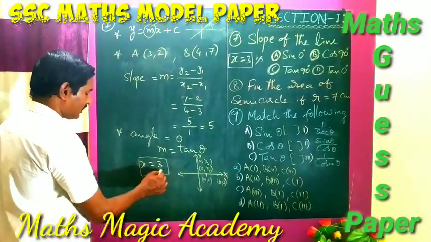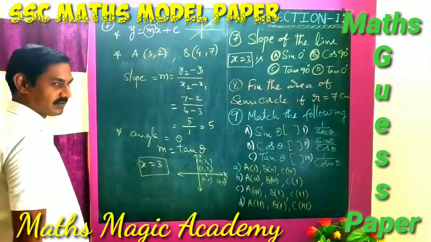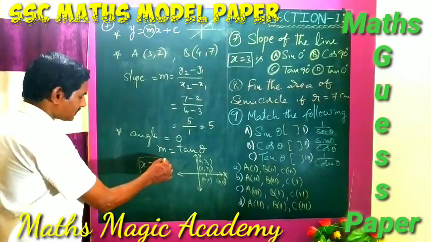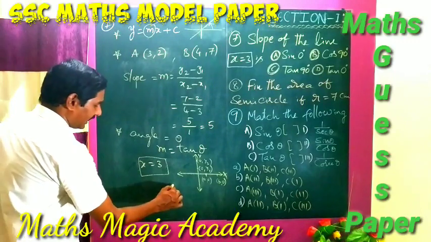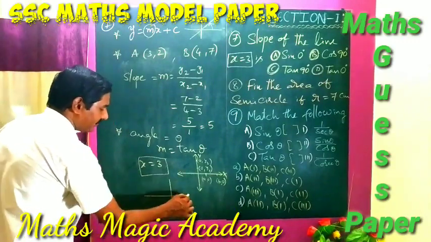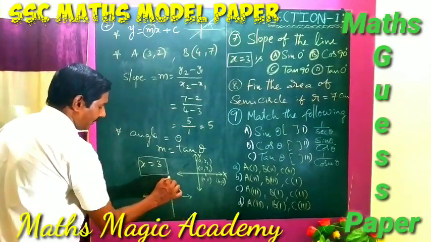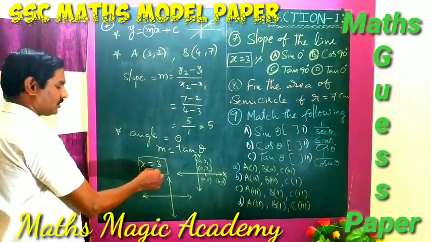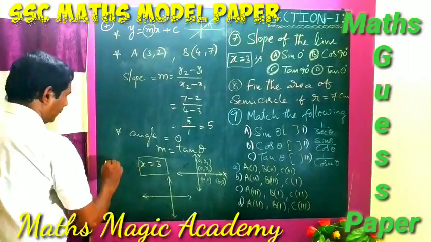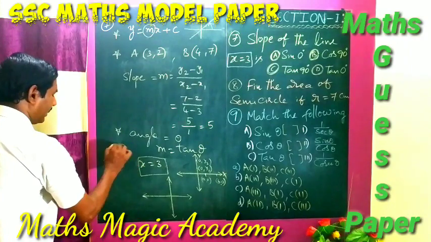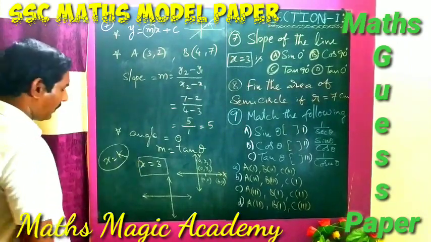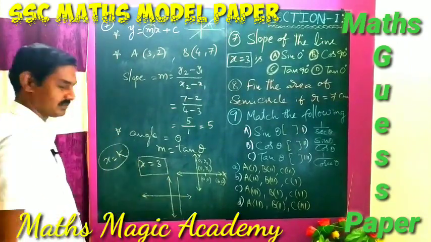Now here you can see x equals to 3 is there. If it is x equals to 3, how can we draw the line x equals to 3? x equals to 3 or x equals to k is a line parallel to y-axis.